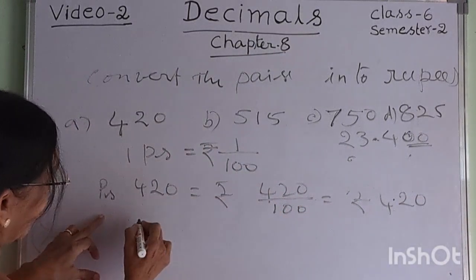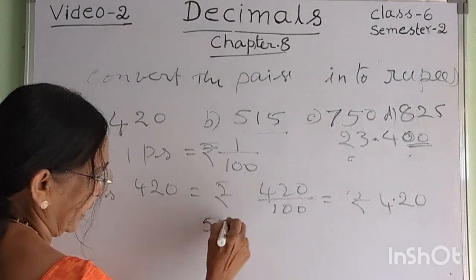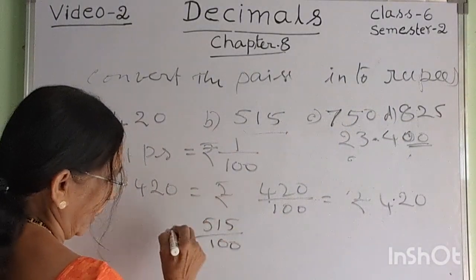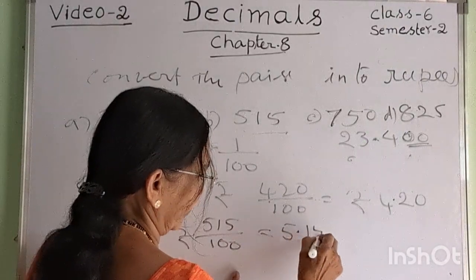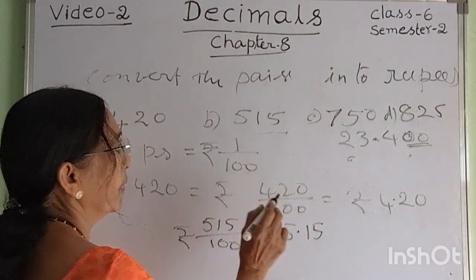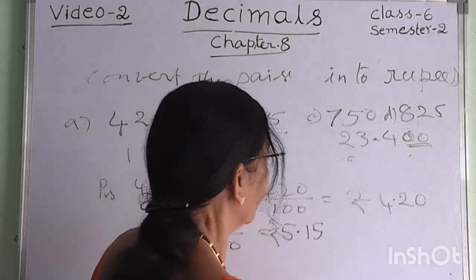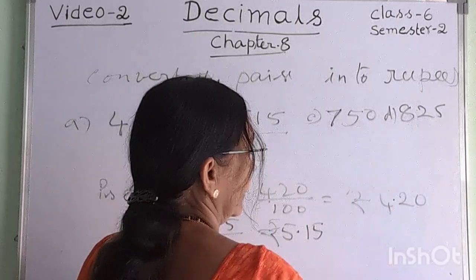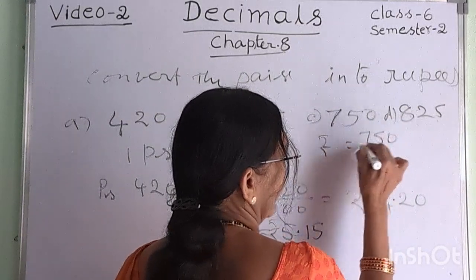Again, 515 paise is 515 by 100 rupees. So this is 5.15 rupees. Similarly, 750 paise. To convert into rupees, divide it by 100.